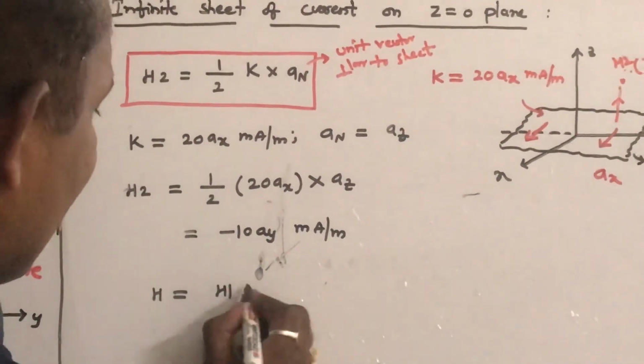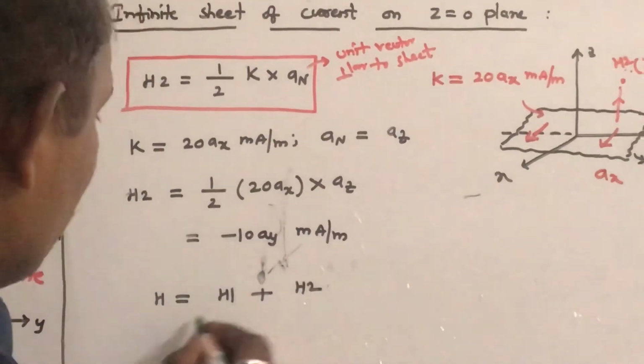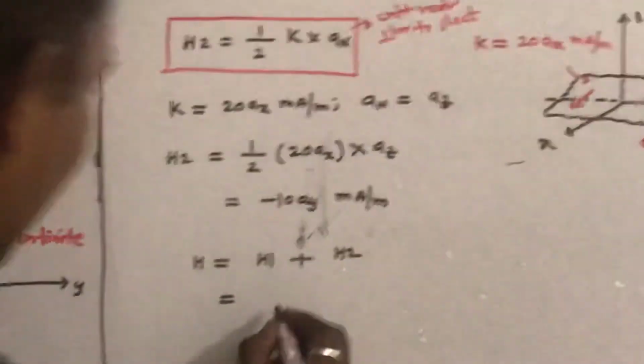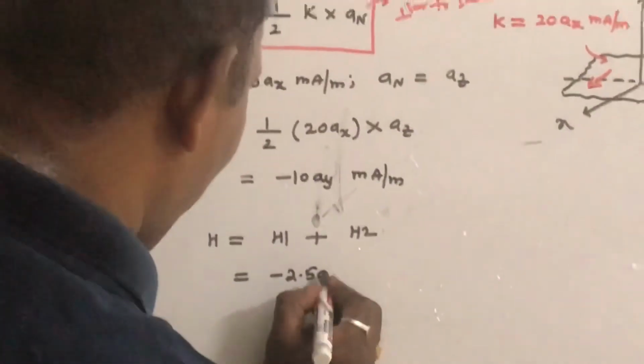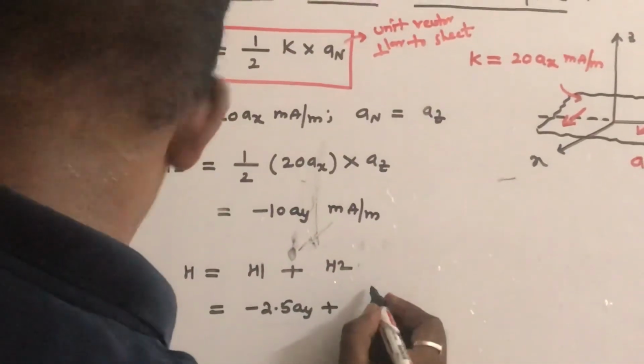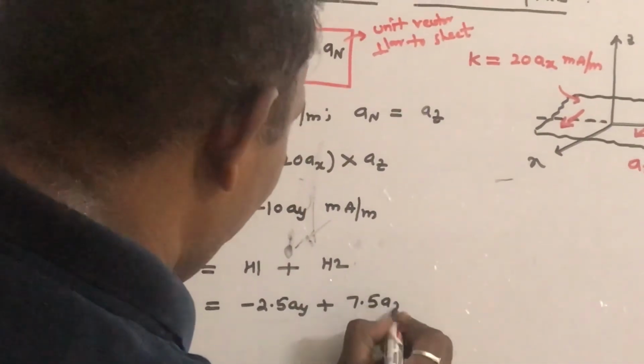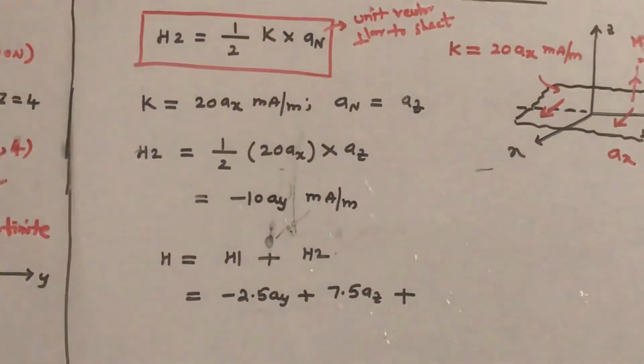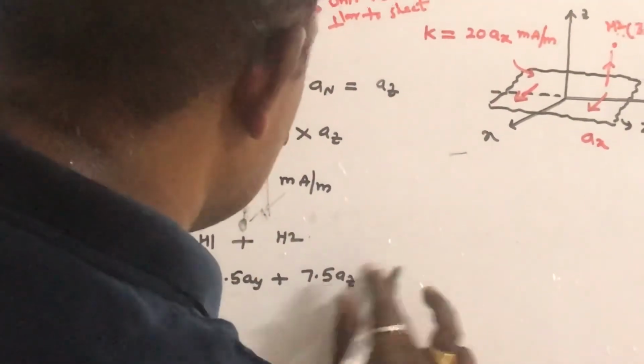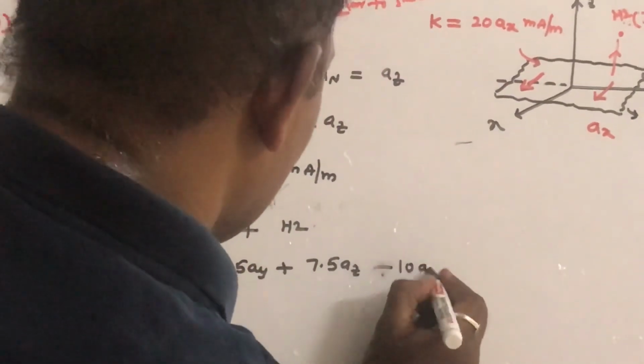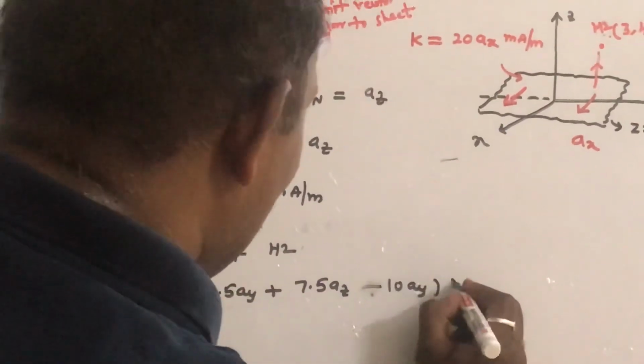So what is the final H? The final H is H1 plus H2. H1 is minus 2.5 AY plus 7.5 AZ, and H2 is minus 10 AY milliampere per meter.